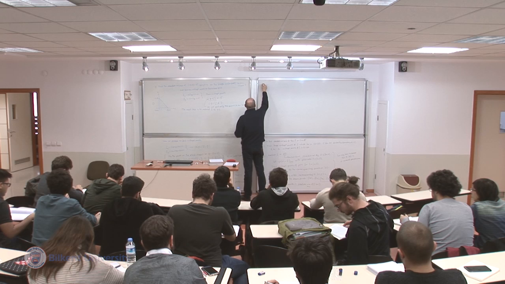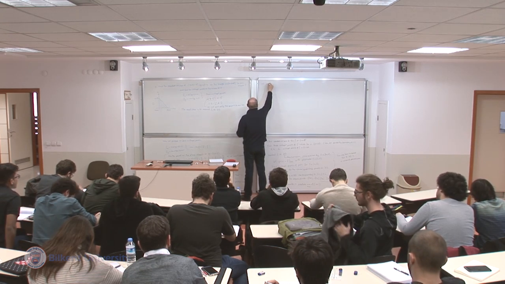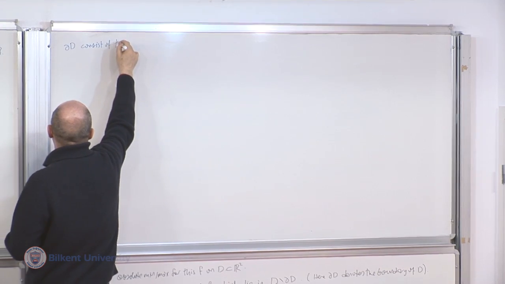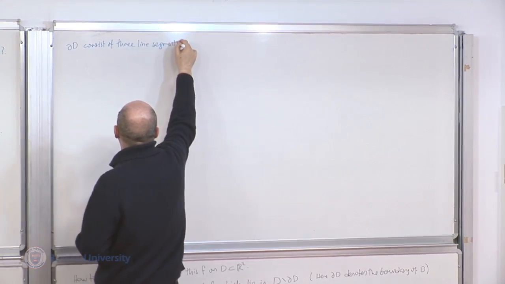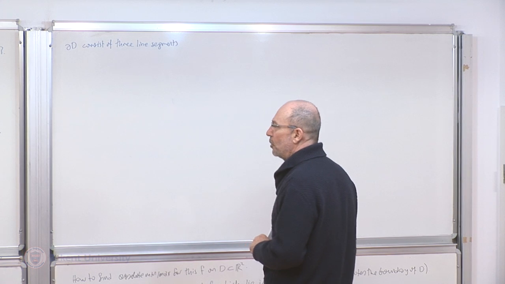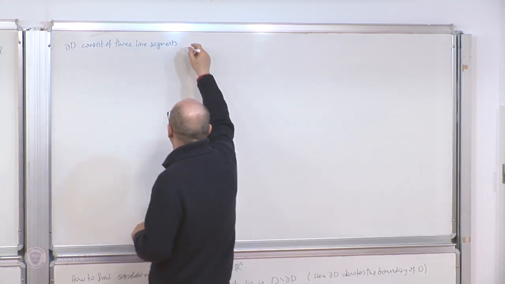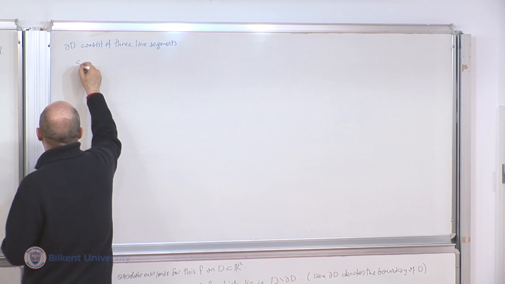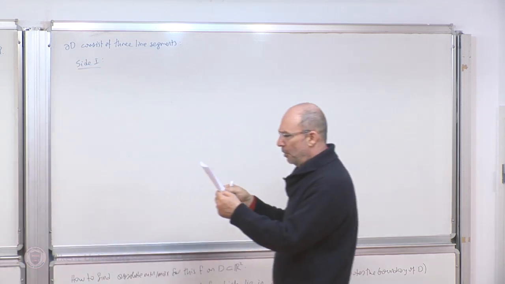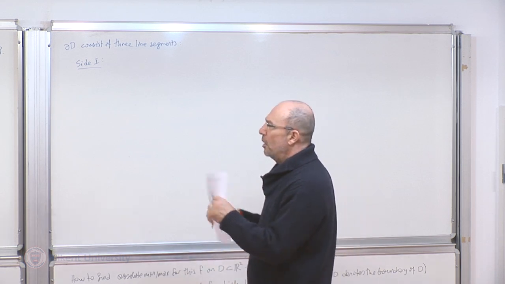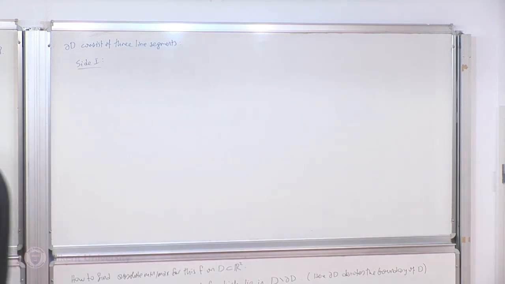Okay, so the boundary of D consists of three line segments. Generally, we use the word segment to denote that it is bounded. Okay, so side 1. This is side 1, when y is equal to 0.